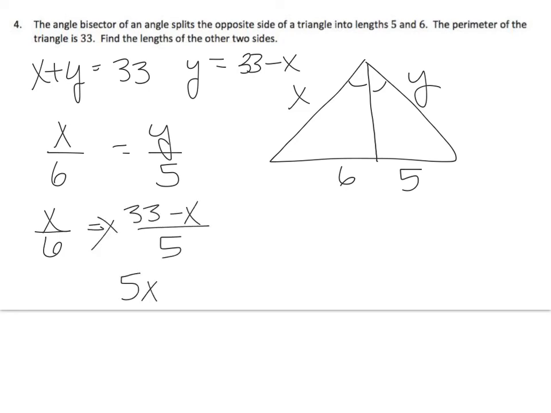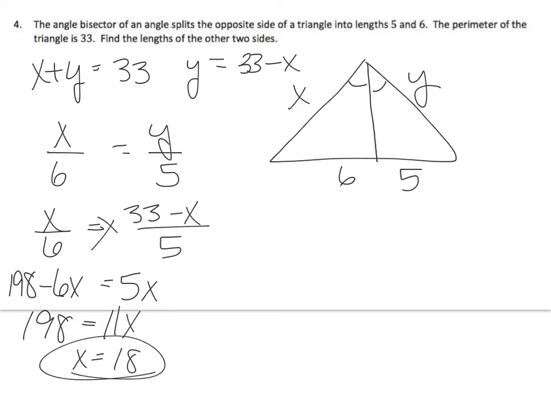Cross product: 33 times 6 is 198, minus 6x, so 198 equals 11x. x equals 18. y equals 15. Awesome, that was sort of fun.